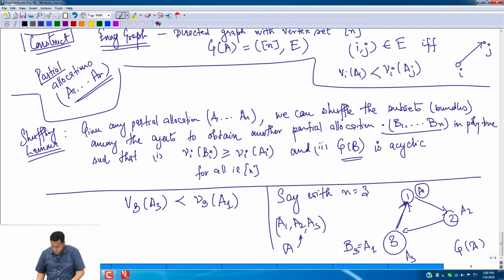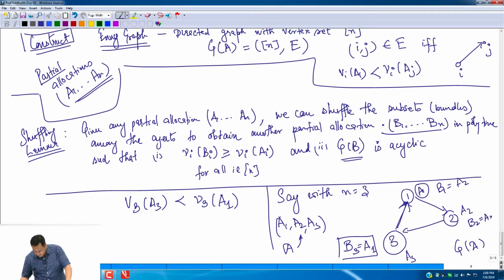So my suggestion is, let's traverse the cycle in the opposite direction of a one-way lane, and so reverse the cycle. So B1 becomes A2, you swap, and B2 becomes A3. That's the shuffle I perform.